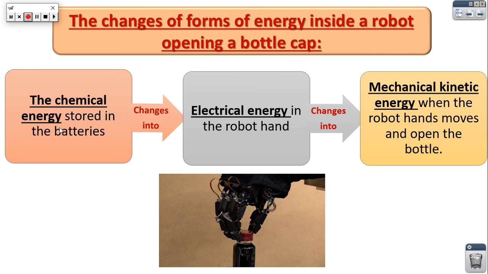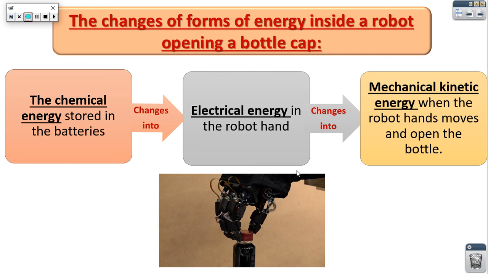By batteries, and we know that batteries contain chemical energy because a chemical reaction happens inside it, so it produces chemical energy. So the chemical energy that is stored in the batteries changes into electrical energy, and this electrical energy allows the hands of the robot to move, so the electrical energy changes into mechanical or kinetic energy.